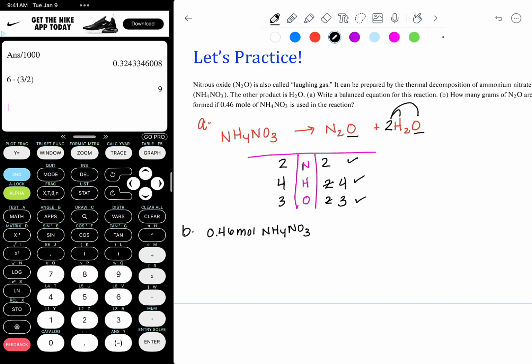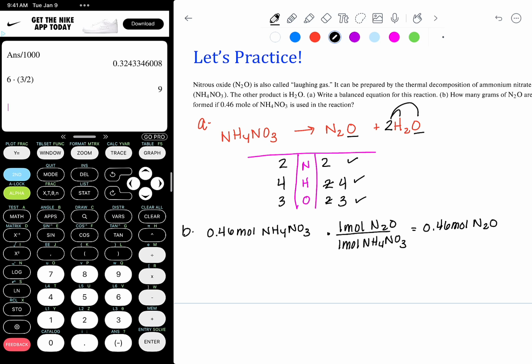Well, I have moles of one compound and I want to get to another. I have to go through a mole-to-mole ratio. So 1 mole of ammonium nitrate is equal to 1 mole of N2O, which gives us 0.46 moles of N2O.